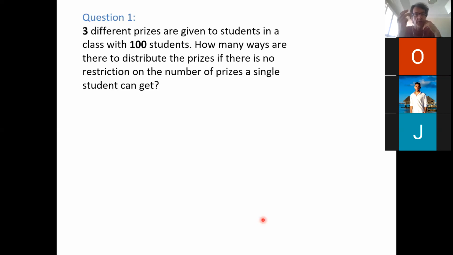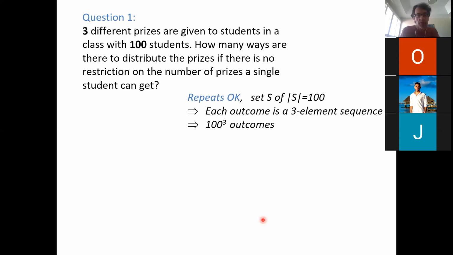It could be the same person who gets all 3. How many possible assignments are there? 100 cubed. 100 what? 100 to the 3rd power. Yes, because it's a 3-character sequence. The first character says who got the first prize, the second who got the second, the third who got the third, and each is independently chosen from an alphabet of 100.